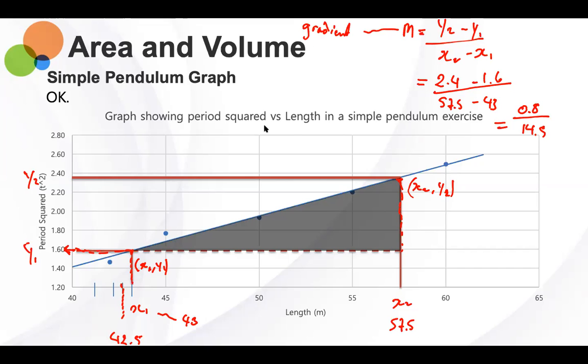Are we all getting 0.05? All right, need one more confirmation. 0.8 divided by 14.5 is 0.05, so the final answer will be 0.05. Are we all good now? We understand?